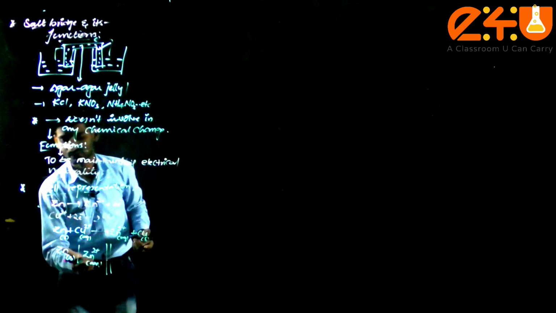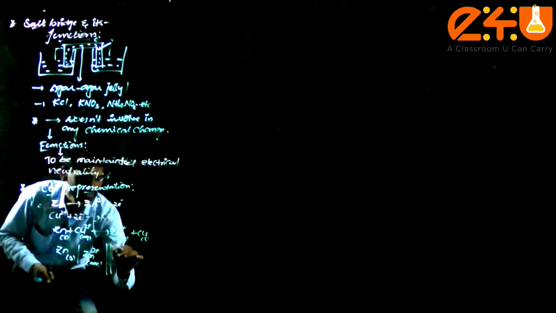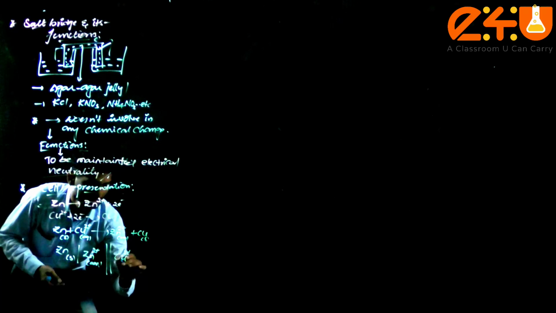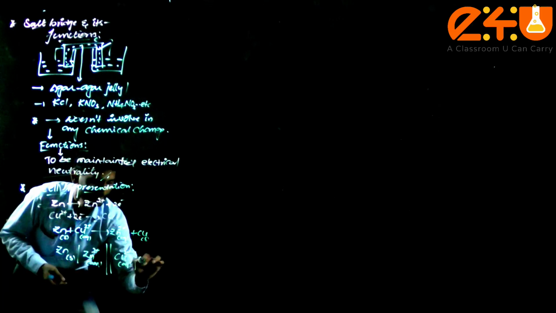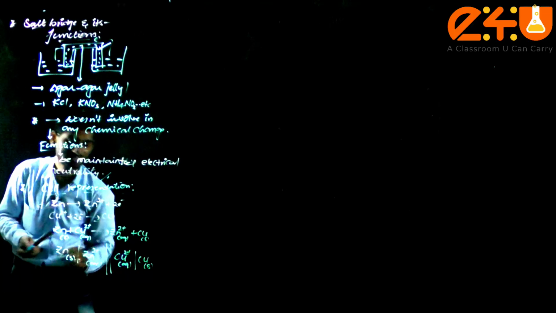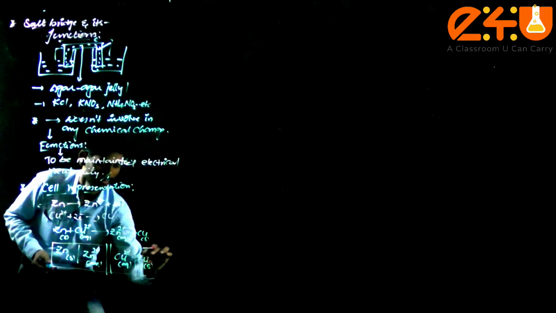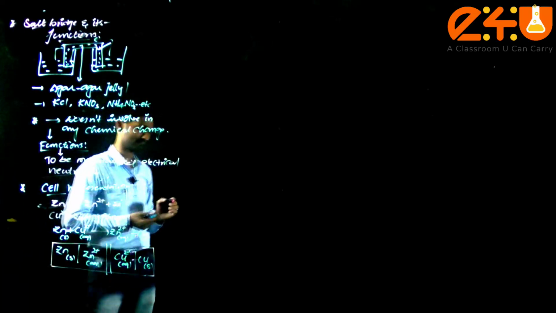Only one vertical line separates oxidation here, zinc to Zn2+. Next, here Cu2+, aqueous, and Cu, solid. Now both are separated by the salt bridge. This is the way we have to represent the cell representation of the particular compound.